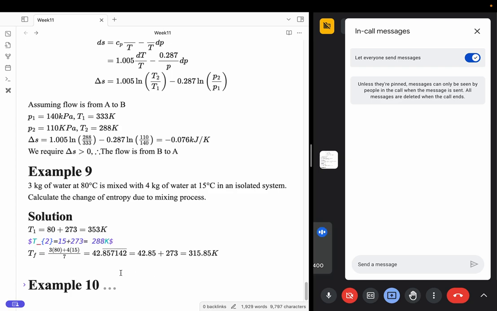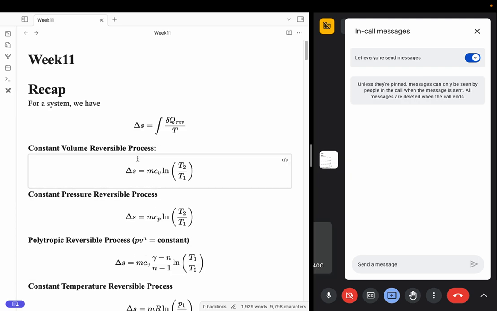So I have T1 and T2, I have TF. So what is the change in entropy? Which equation will you use out of these relations? Can I use any of these?